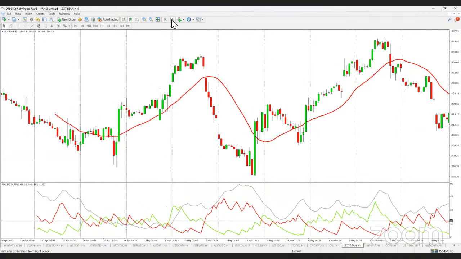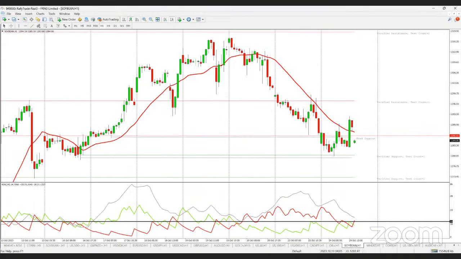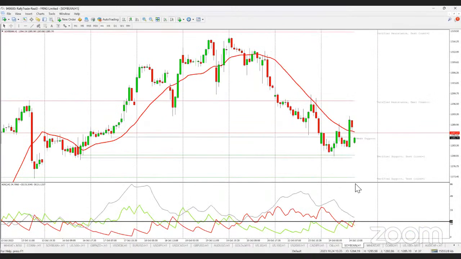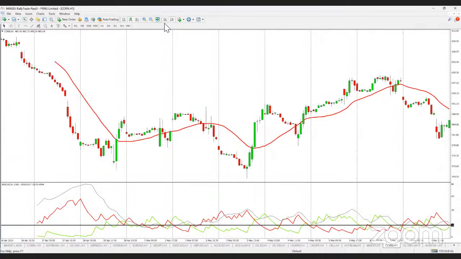So for the agro commodity traders, I am going in for a sell on corn. Okay, sorry, pardon me, I was actually on soya bean. I'm going in for a sell on soya bean.